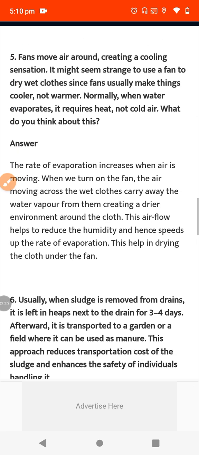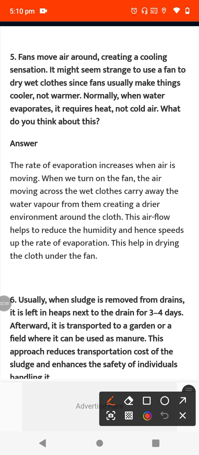A fan moves air around, creating a cooling sensation. It might seem strange to use a fan to dry wet clothes, since a fan usually makes things cooler, not warmer. Normally, when water evaporates, it requires heat, not cooled water. What do you think about this? The rate of evaporation increases when the air is moving.